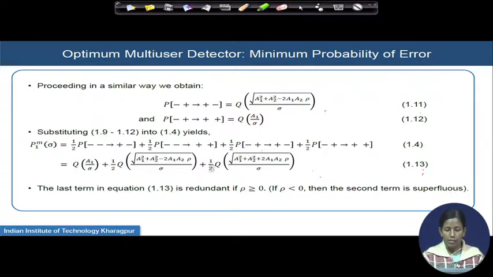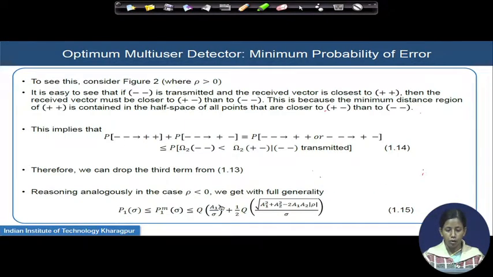The last term in this equation is redundant if rho is greater than or equal to 0. Equivalently, the second term will be redundant if rho is less than or equal to 0. So, based on which zone of the SNR you are dealing with, you can discard either the second term or the third term, and the calculation of the error probability will end up with any two terms over the zone of operation.